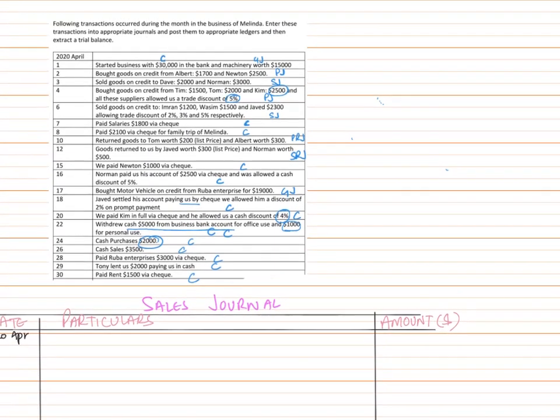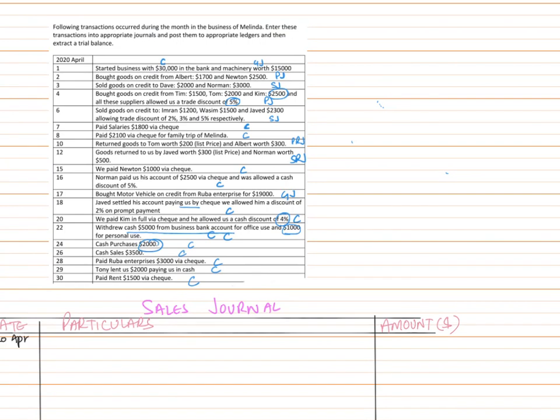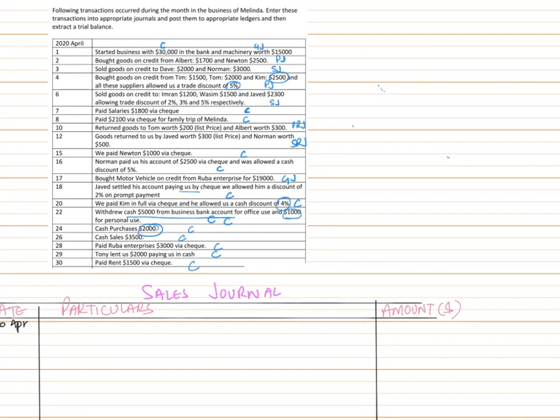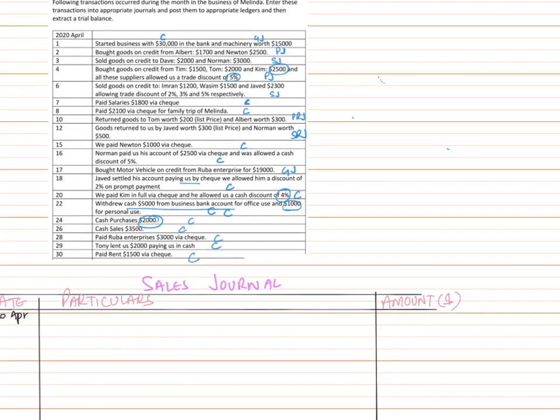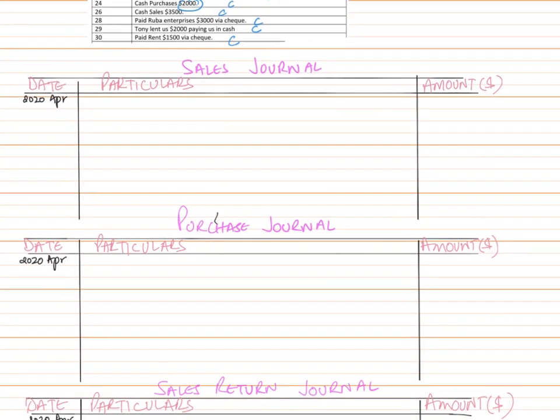Now if you look at the transaction on 2nd, we bought goods on credit, so obviously this would be recorded in the purchase journal. So on 2nd April we bought goods from Albert and Newton, so we recorded in the purchase journal.